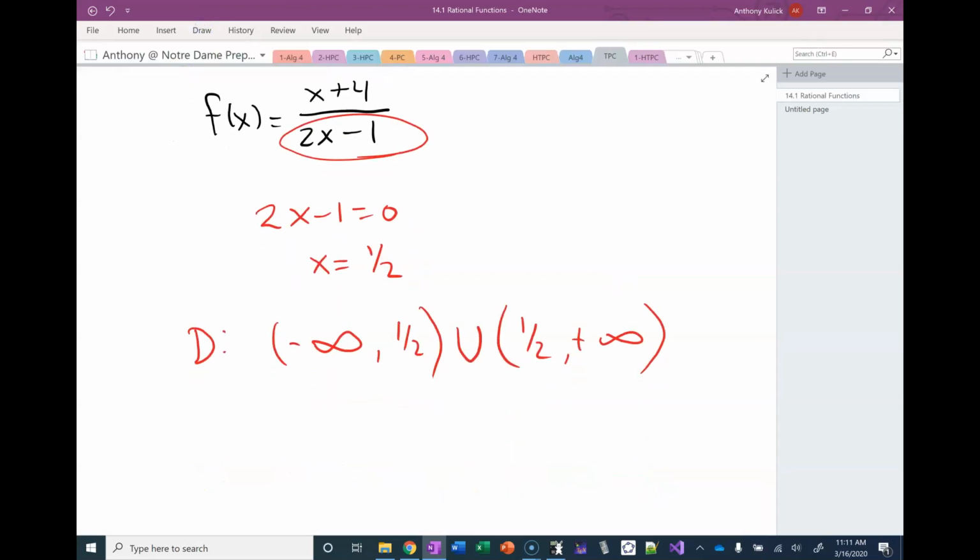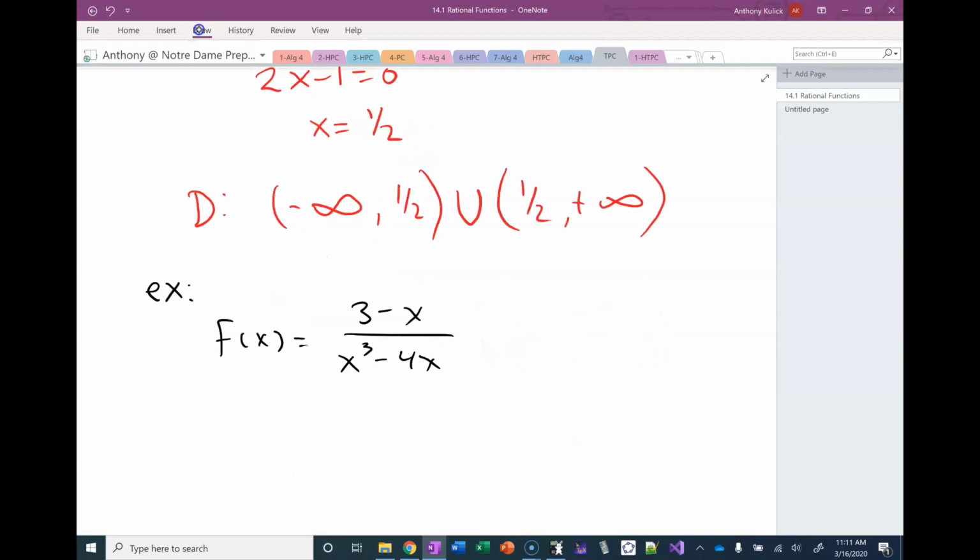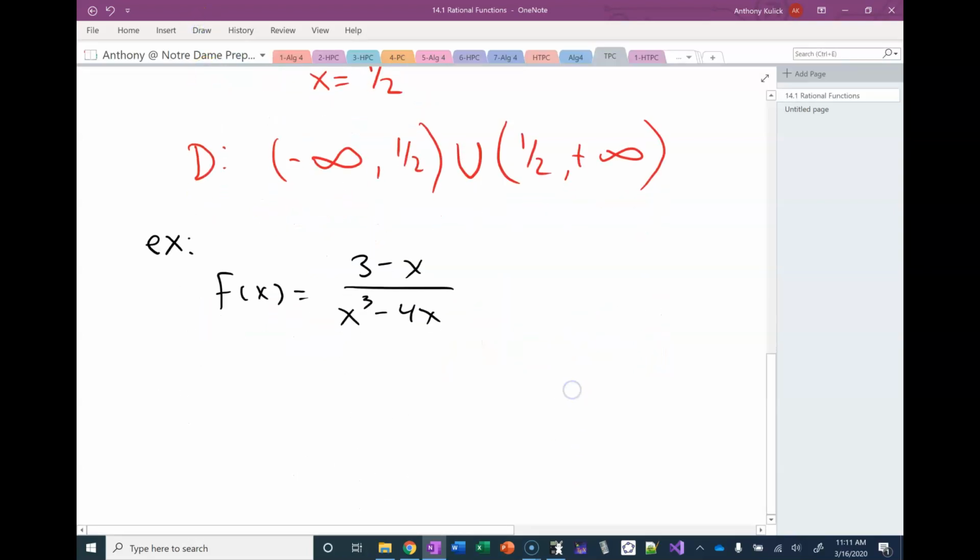Let's do an example that's a little bit more complicated, but not so much so. We want the domain for 3 minus x over x cubed minus 4x. So again, I'm just going to take the denominator and set it equal to 0 and solve. In the previous chapter, we talked about solving polynomials that look like this.